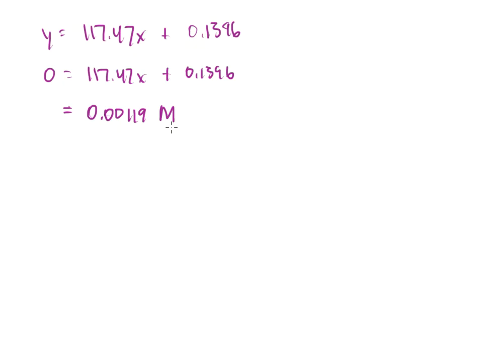I'm not going to go any further with the example, but just be prepared to be able to convert again between units at the end of these problems. That's really what this class is all about. So once I get molarity, am I comfortable to understand that that is also known as moles per liter? So can I take this molarity number and convert that to part per million? Change this mole to milligram, and look, I've got part per million.